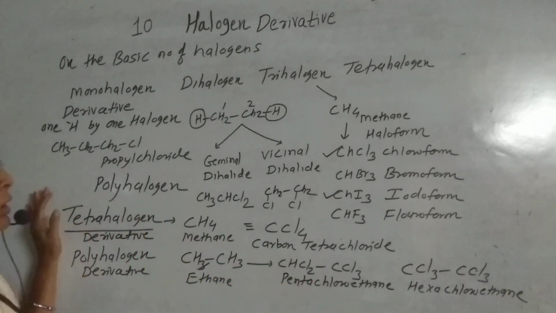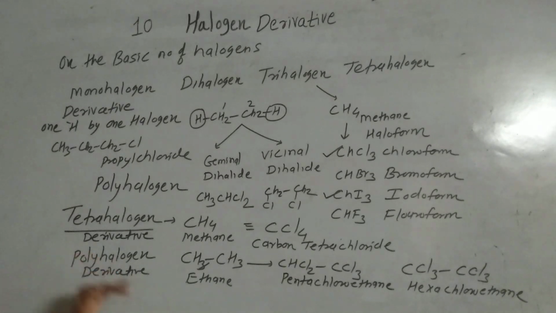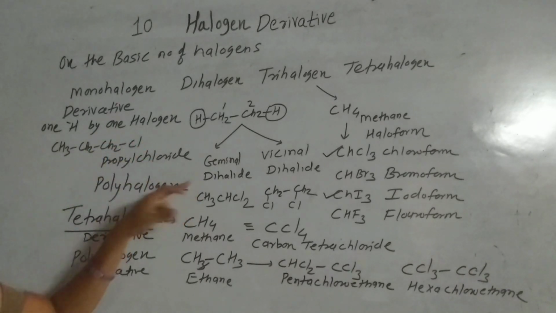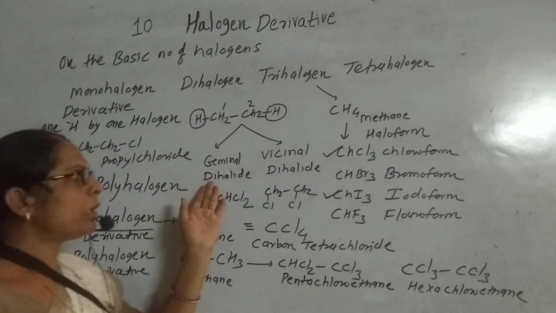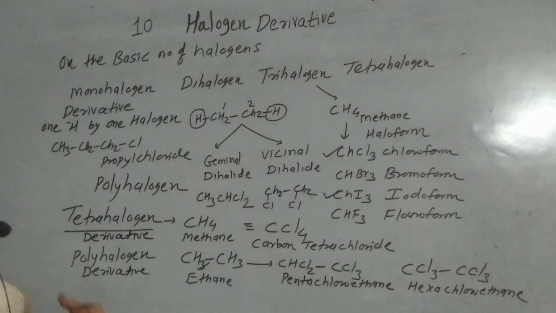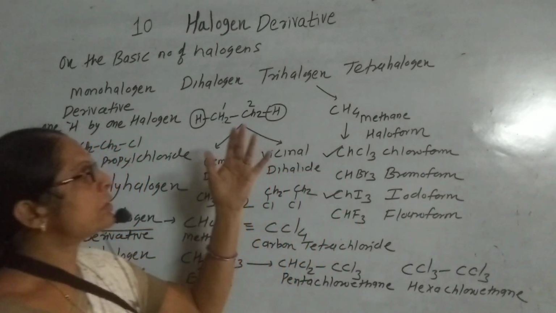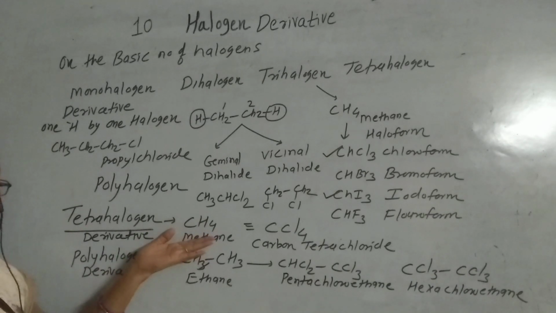So like this, the classification of the halogen derivatives is considered on the basis of the number of halogens it possesses. If it has only one halogen, monohalogen. If it has 2 halogens, it is a dihalogen, and in dihalogen they may be geminal or vicinal. If it has 3 halogens, then it is a haloform. If it has 4 halogens, it is a tetrahalogen derivative.